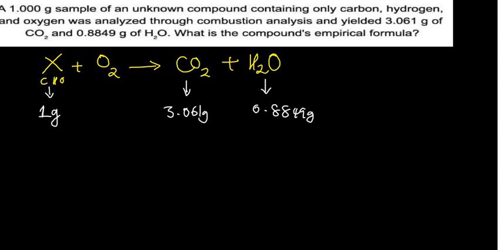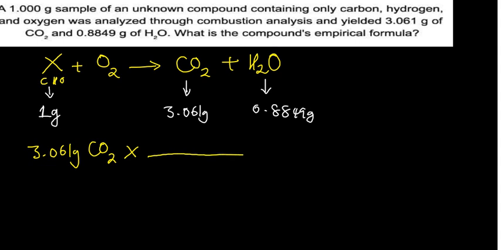So we need to find first the carbon on the product and also the hydrogen on the product. And how can we do that? On the product we have 3.061 grams of carbon dioxide. In this amount of carbon dioxide, how much carbon is there? Just like we did in the first topic, that is just measurements, we are going to multiply.